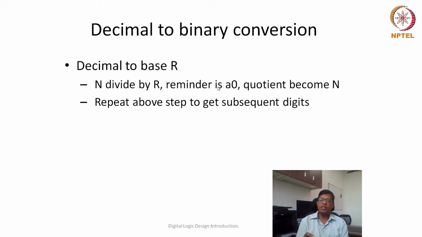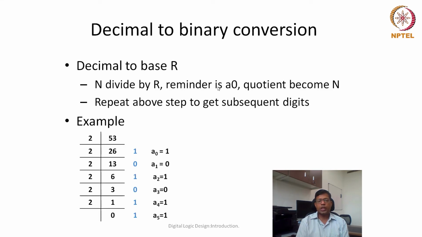Whatever is the remainder, that bit is a0, and the quotient becomes the new n, and then we keep on calculating: again divide the new n by r, and the remainder is the next bit. So the subsequent bits we can keep on generating using this. Let's see this with an example so that we can understand it better.